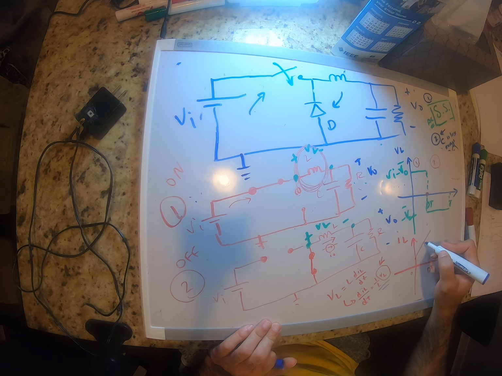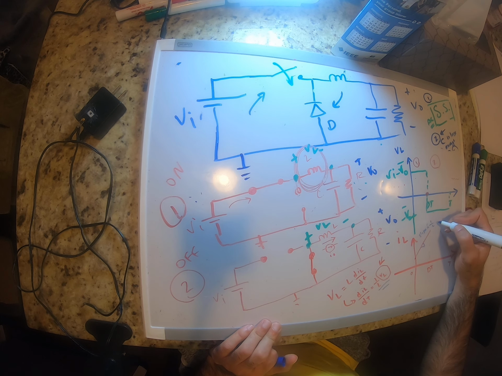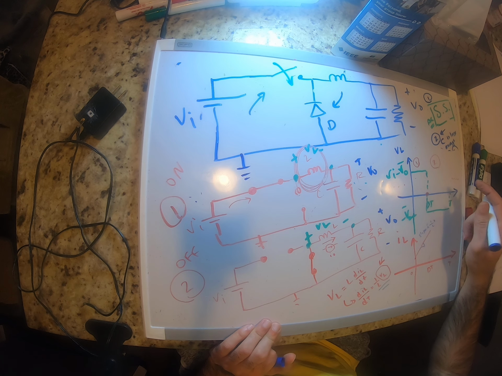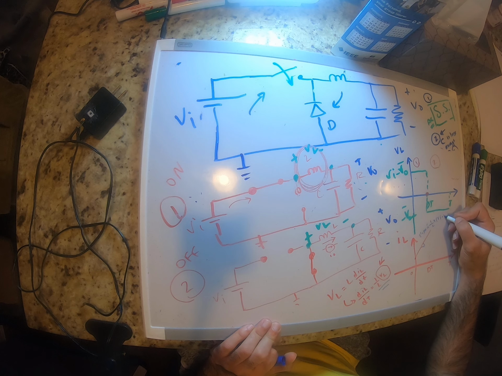The slope of this line is going to be 1 over L times VL, which is VI minus VO.